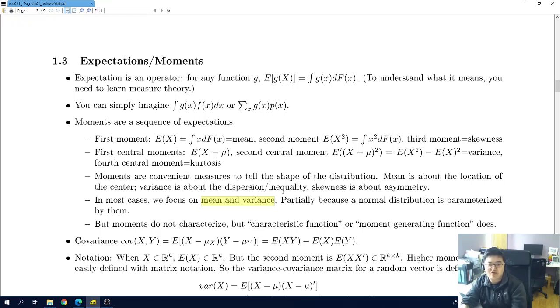So if you assume normal distribution, knowing the mean and the variance is enough. And normal distribution is so common that, as a result, mean and variance are usually enough.